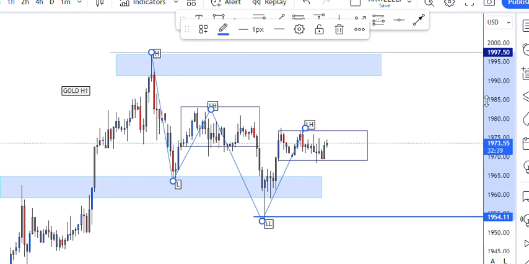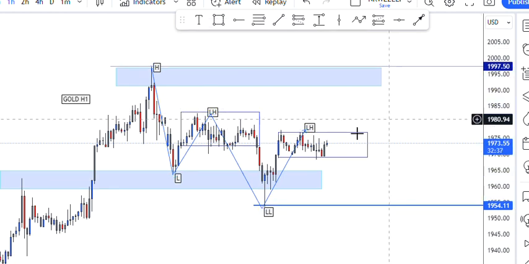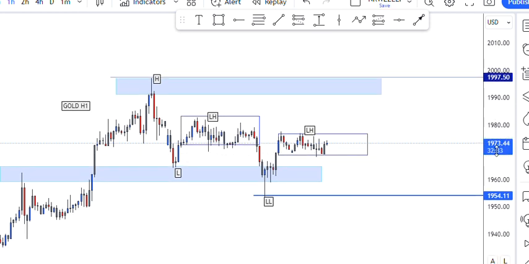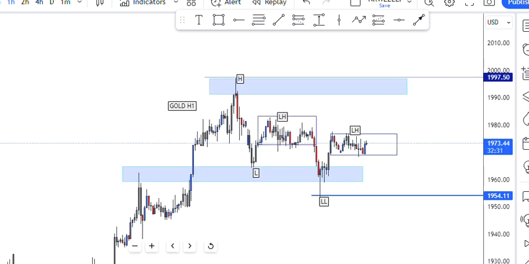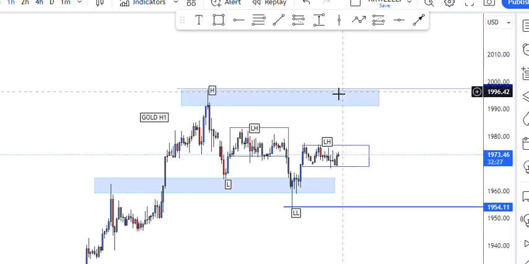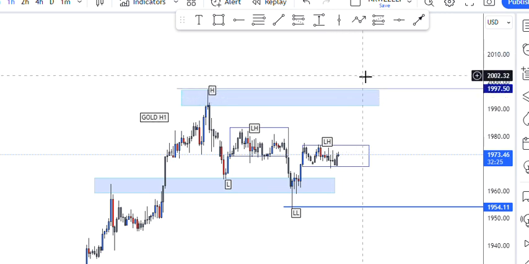So we go back to what I said on the previous video. On the previous video, I said the best area to buy, or if you want to be entering minimum risk entries, you want to be waiting for this market to come back and trade above this area here, then you can execute.